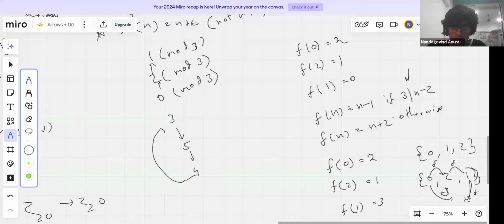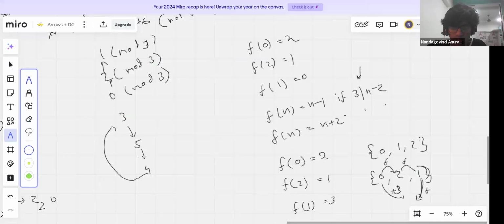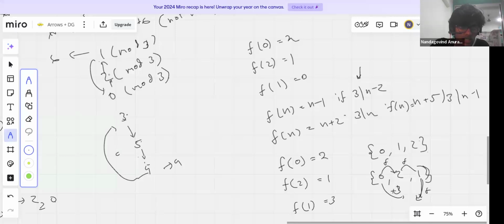So it's n plus 2 if 3 divides n, and n plus 5 if 3 divides n minus 1. So for example, 3 goes to 5, 5 goes to 4, 4 goes to 9. So this goes to 9. 1 goes to 6, so this goes to 6. 0 goes to 2, goes to 1, goes to 6.